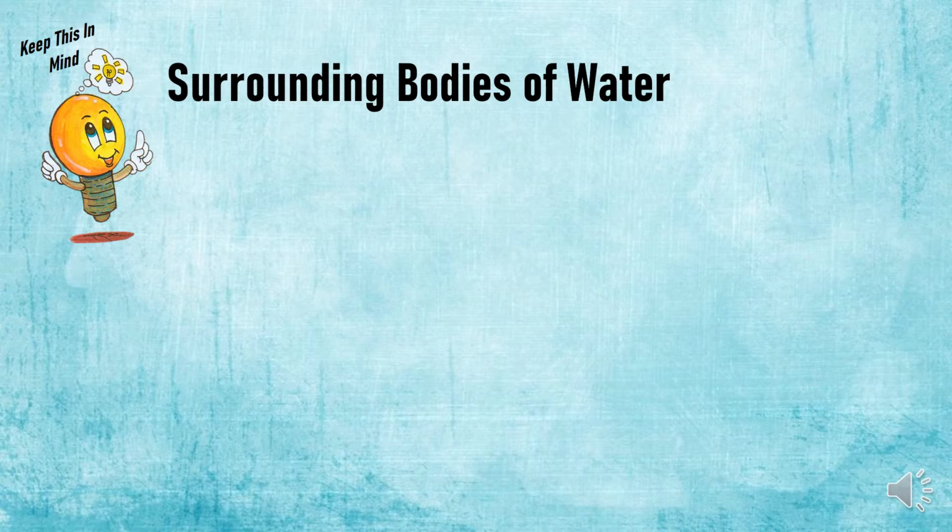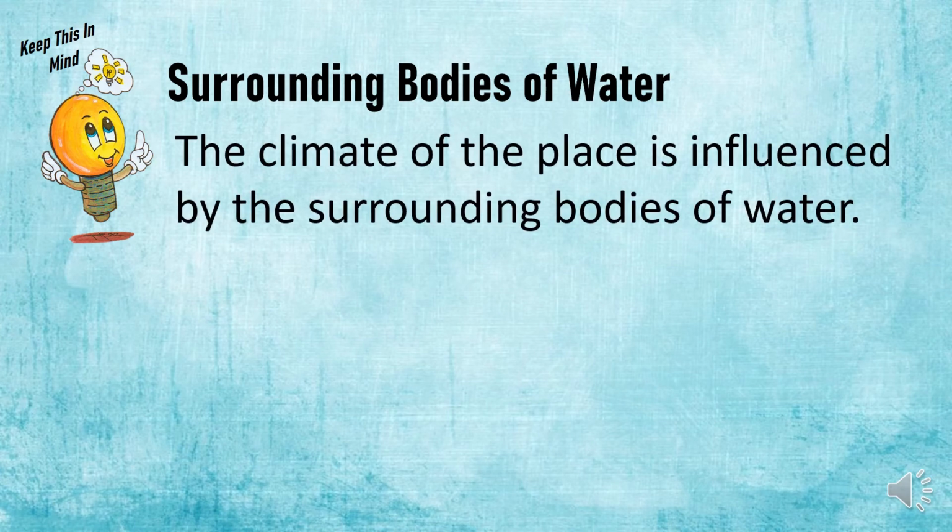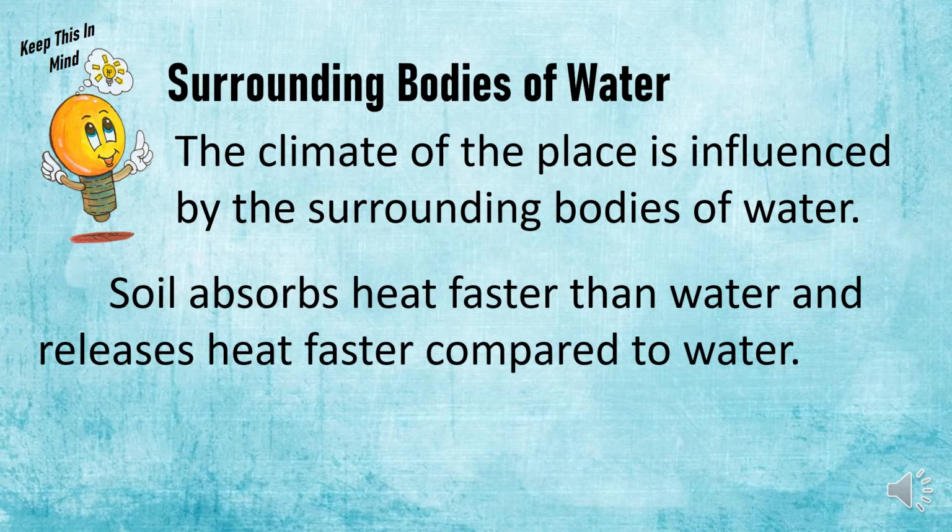Another factor affecting the climate of an area is the surrounding bodies of water. The climate of the place is influenced by the surrounding bodies of water. Soil absorbs heat faster than water and releases heat faster compared to water.